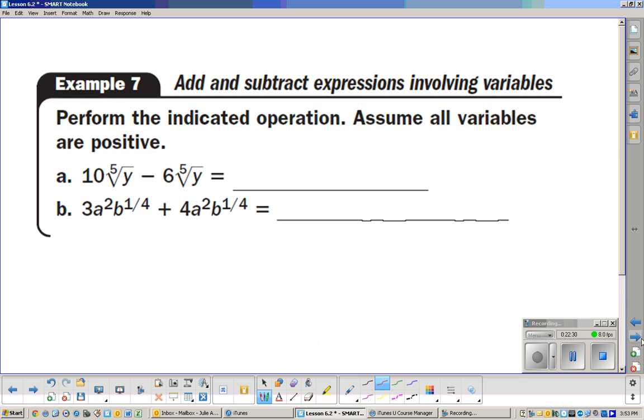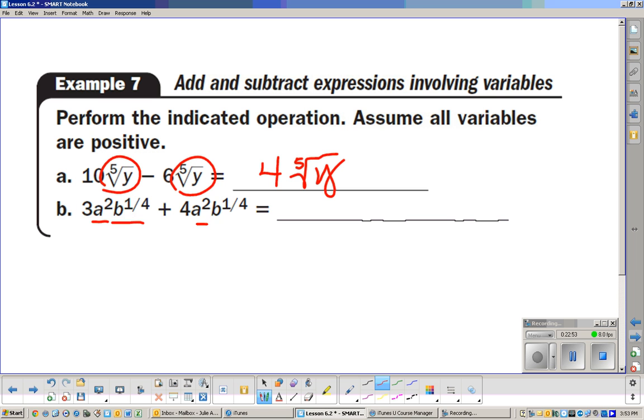All right, one more. Now we're back to adding and subtracting, but sometimes you have to simplify the root before you add and subtract. In this case, we have 10 apples minus 6 apples, because the apples look identical. That means we have 4 apples. Not so bad. In the next one, we have a squared, b to the fourth.